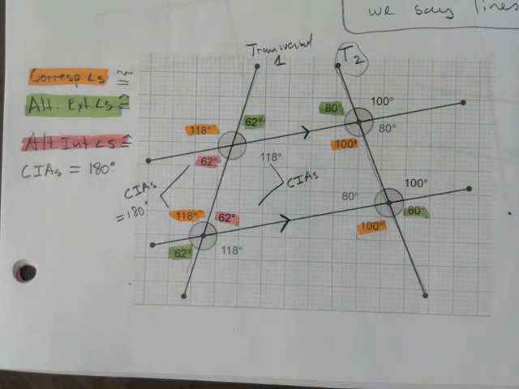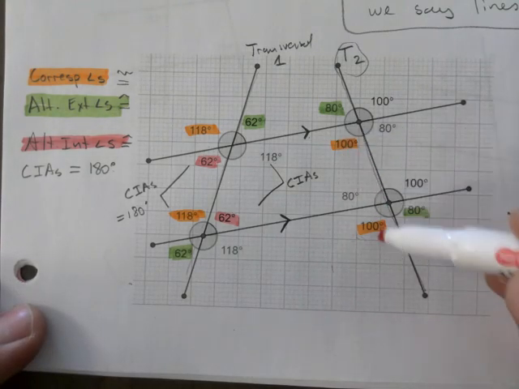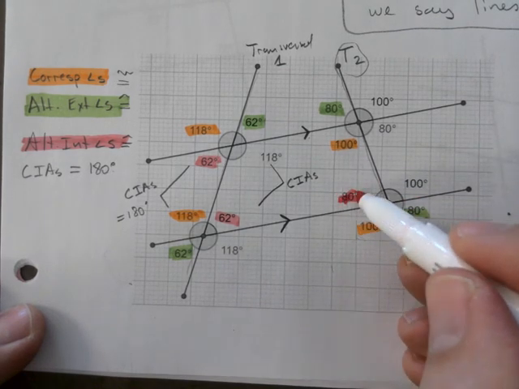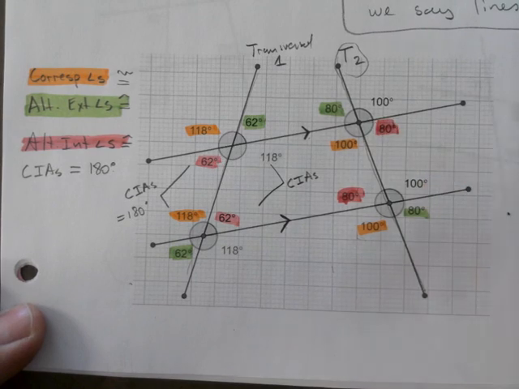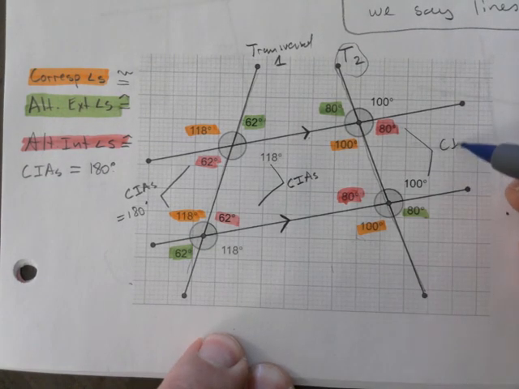Alternate interior. I'm not going to use 100 and 100 because I already kind of used it. So 80. This is alternate interior to that one. And this one is very easy to decide, right? CIAs would be equal to 180.